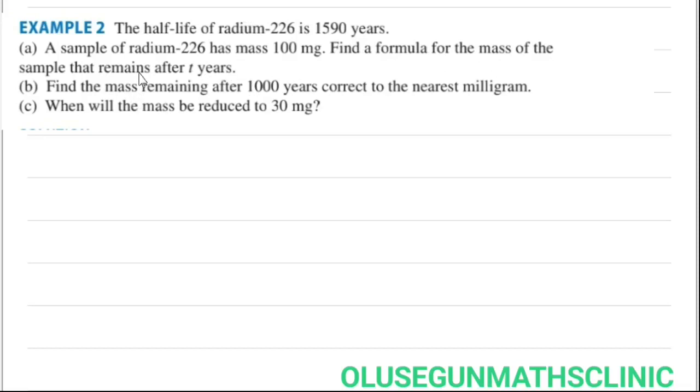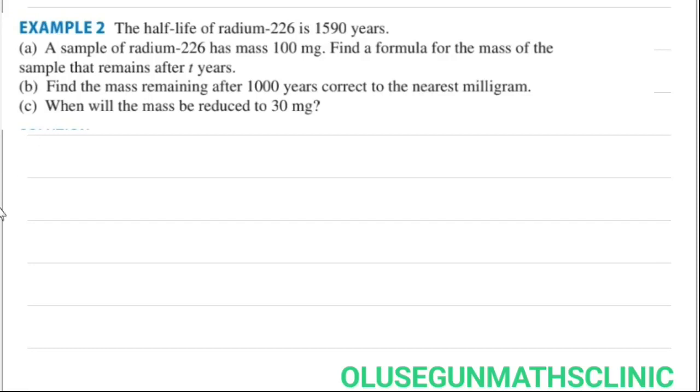Let m(t) be the mass of radium-226 that remains after t years.